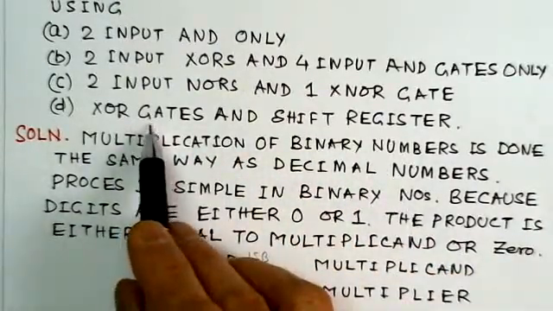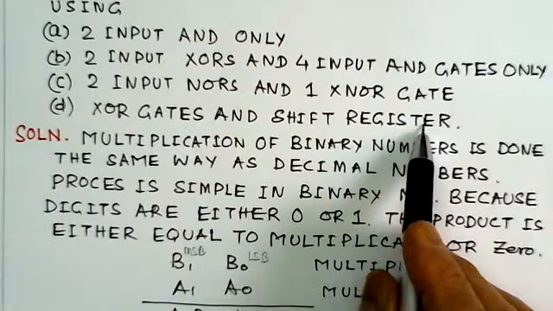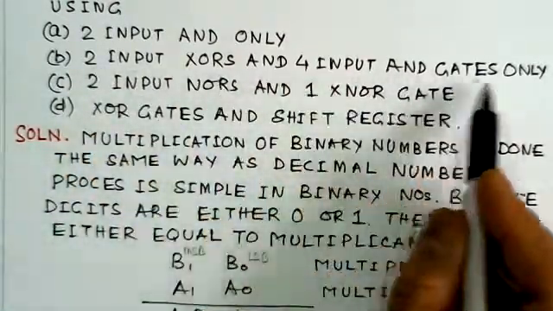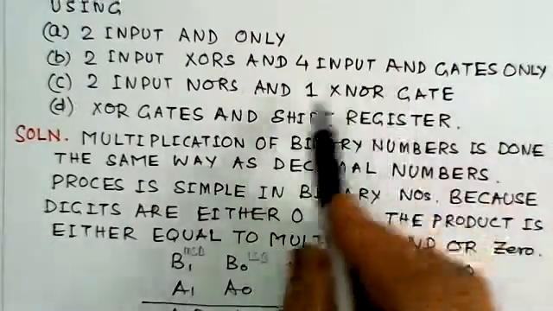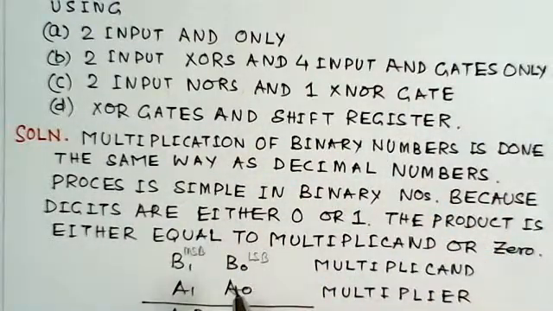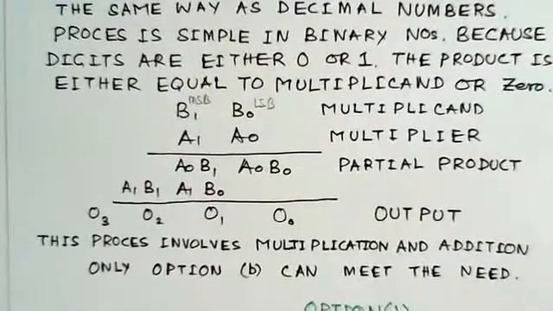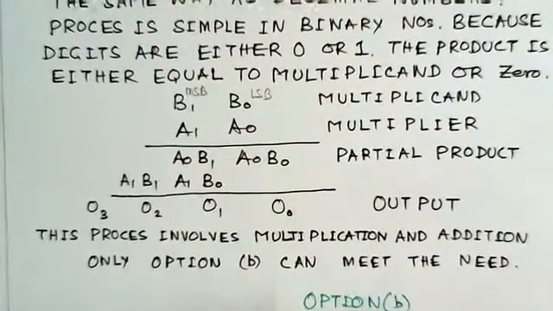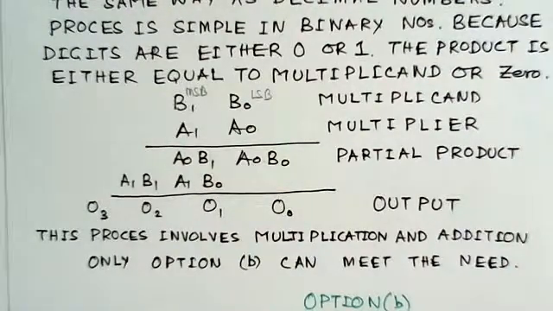XOR gates are for adding purposes, but shift registers are not needed, so this is also ruled out. So the only option is 2 input XORs and 4 input AND gates. It needs AND gates and XOR gates to implement the multiplication process. So option B is the right choice in this particular problem.